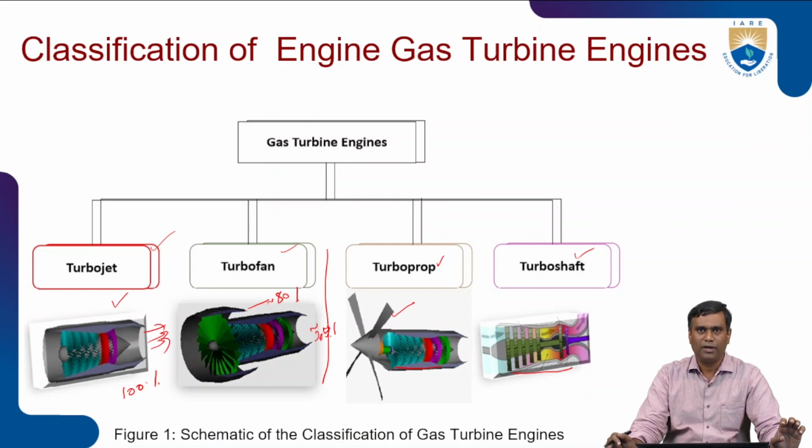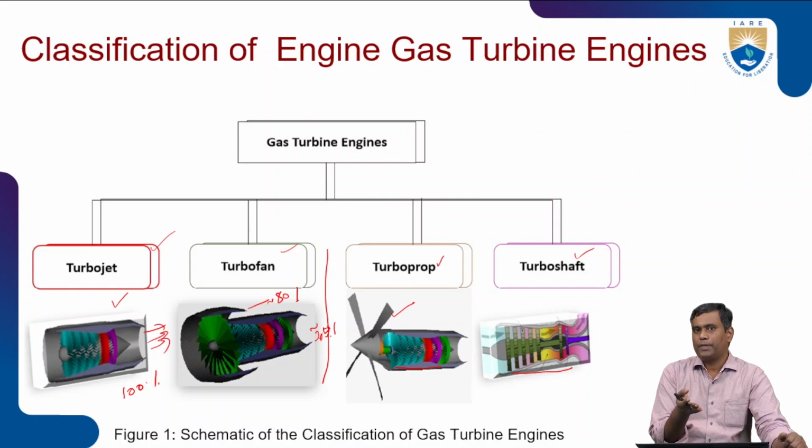In turboprop, shaft power is used to rotate the propellers. Propellers generate the thrust. Almost 95%, the majority of the thrust, is generated by the propeller. Only a little or negligible amount of thrust is generated through the exhaust jet in the case of turboprop.